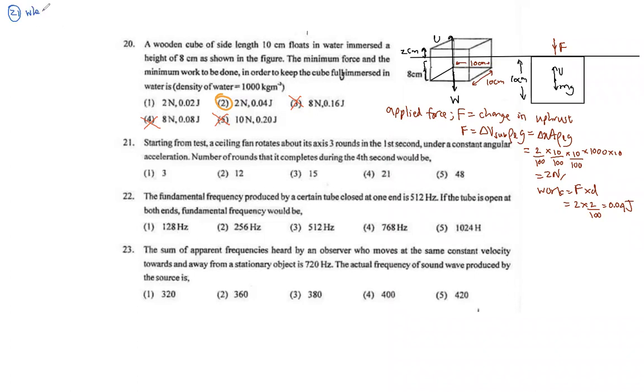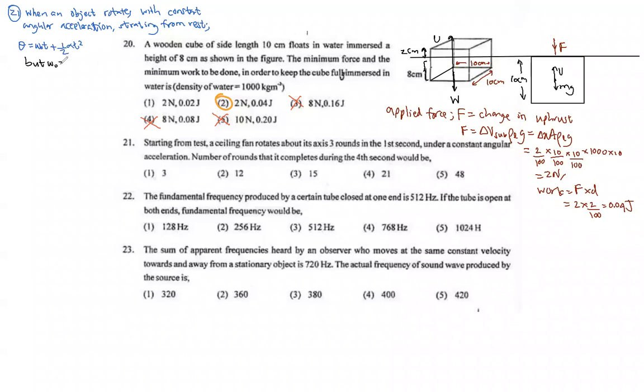Now listen to me carefully: when an object rotates with constant angular acceleration starting from rest, you can use this equation: theta is equal to omega naught t plus half alpha t squared. But omega naught is 0, people.